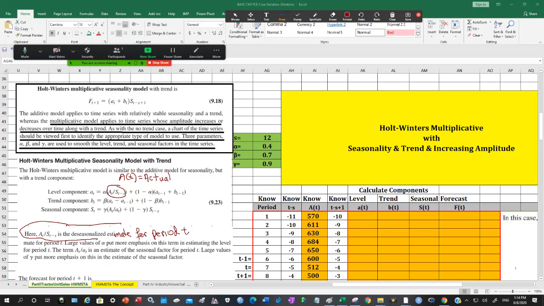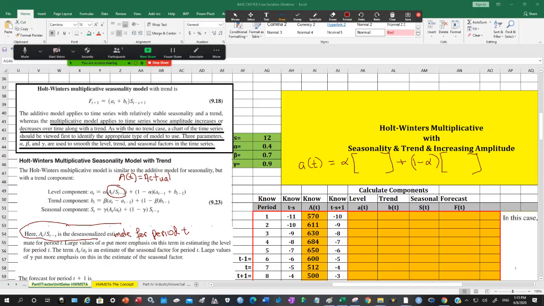So when we calculate the level component, A of t, this is equal to alpha times something plus 1 minus alpha times something else.